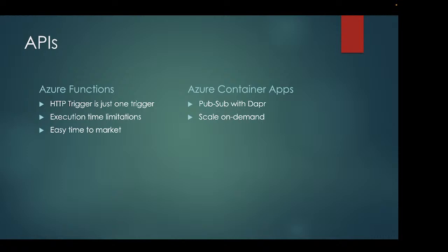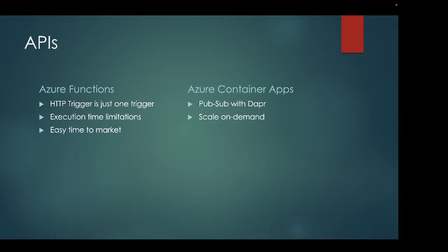So Azure Functions are meant to run very short amount of code executions that are event driven. So HTTP trigger is one of the triggers that is available.